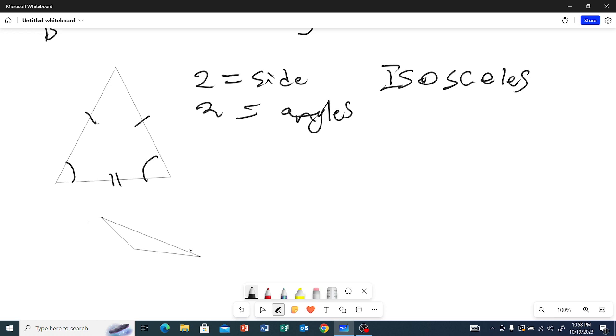So now we have this side, we have this side, we also have this side. So each and every side has a different length. You can see that one has one stroke, the other has two strokes, the other has three strokes. And we call this a scalene triangle. It has no equal sides, no equal angles.